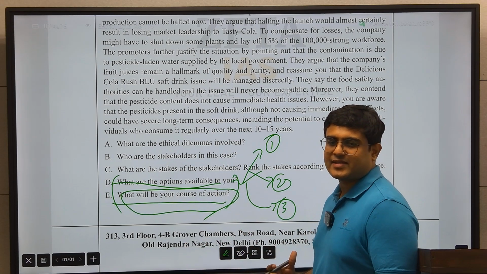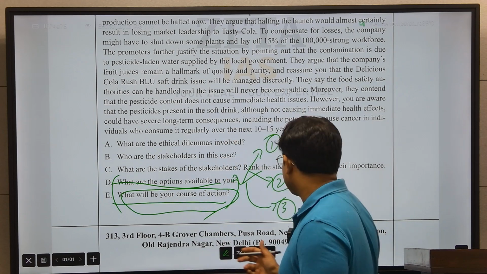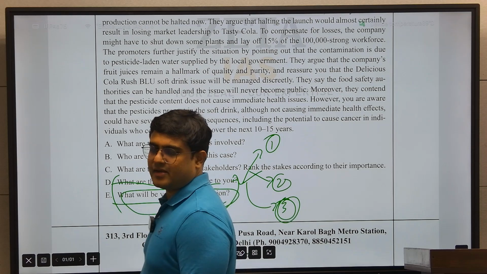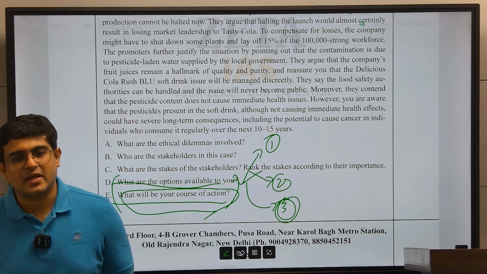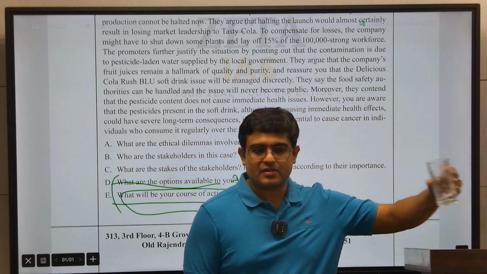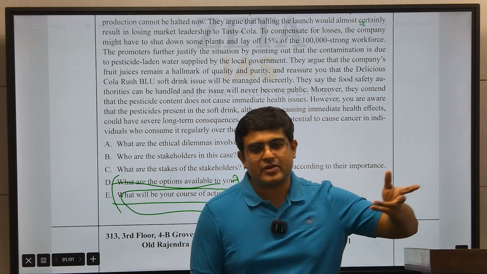And you are writing in ethics, so all this should be written at the end. So write that at the third point. Okay. First option can be delay the production. You don't allow the product to go through. Okay. So that is one option.